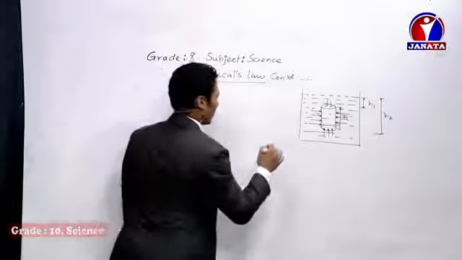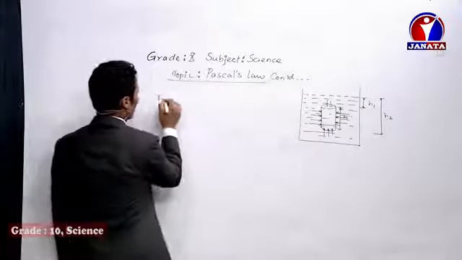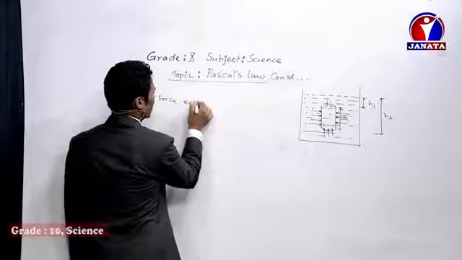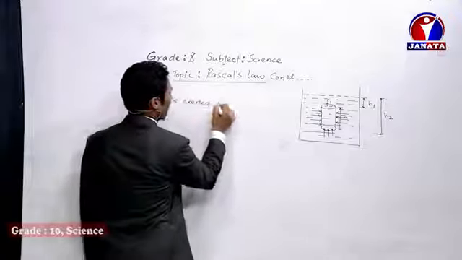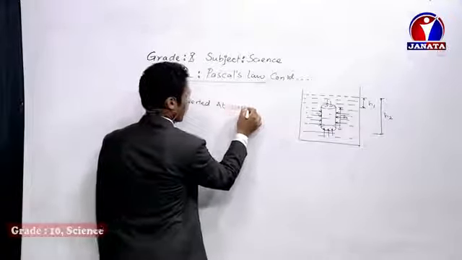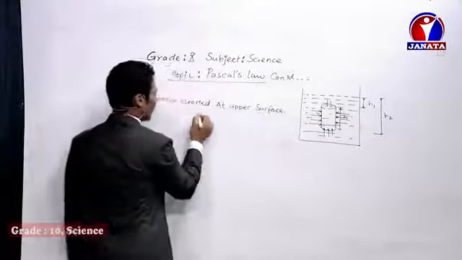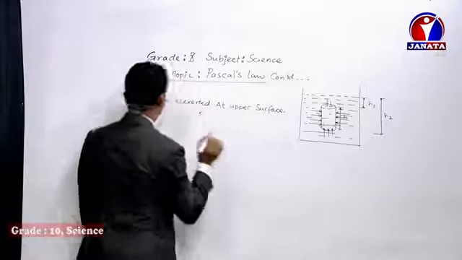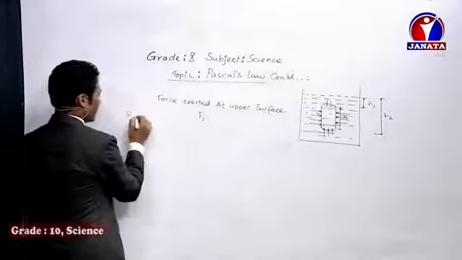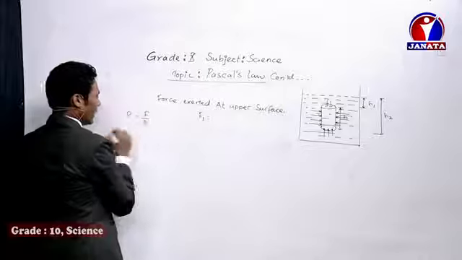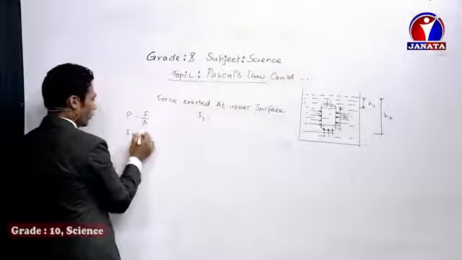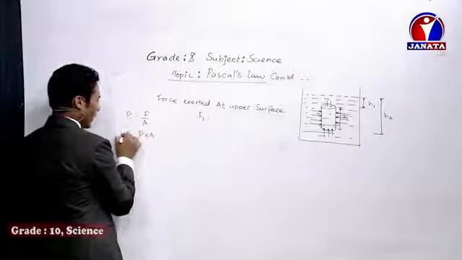So I will write down shortly: the force exerted at the upper surface. If I write this as F1, then pressure is force per unit area, that means force equals pressure into area.